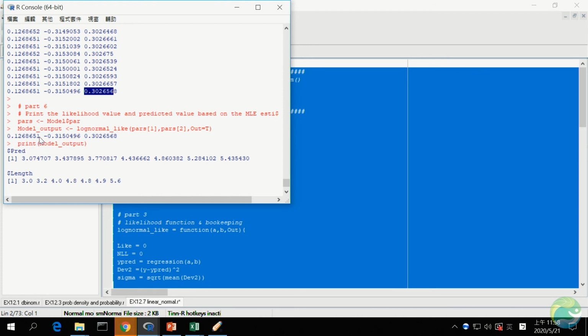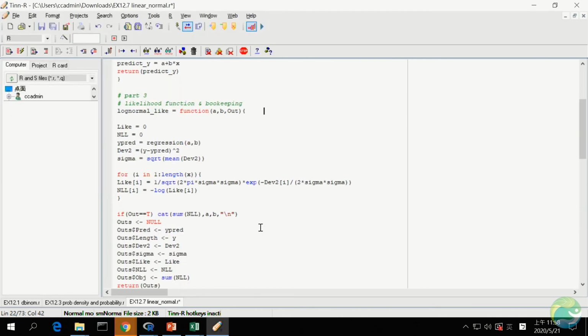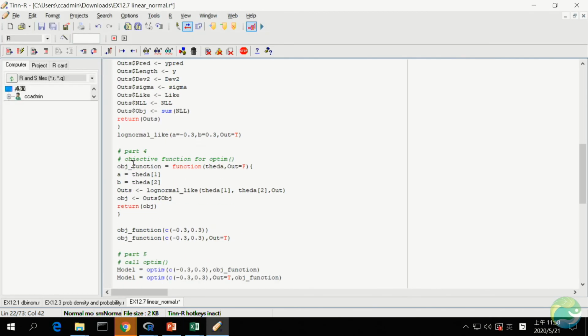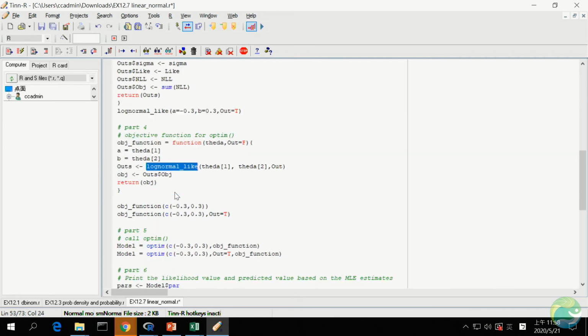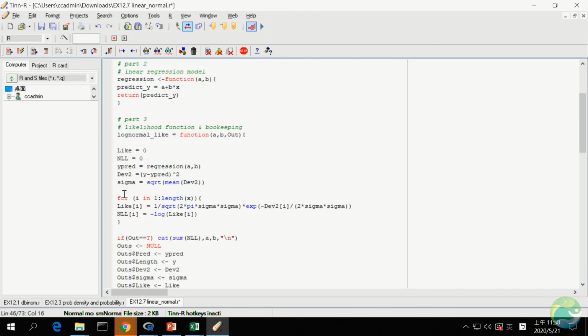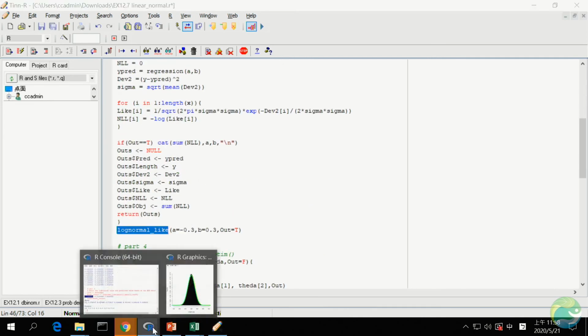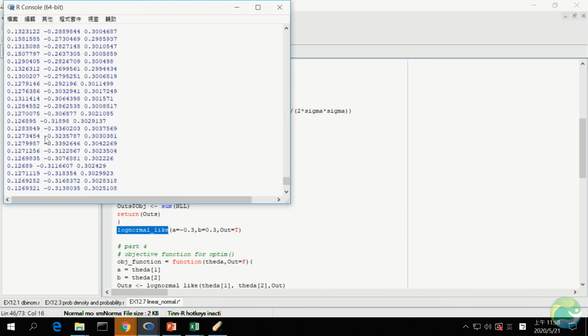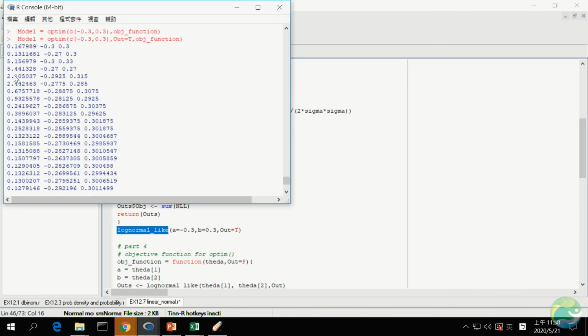This is the negative log likelihood. OBJ is the negative log likelihood. Yes, so this is the negative log likelihood, smaller, right?